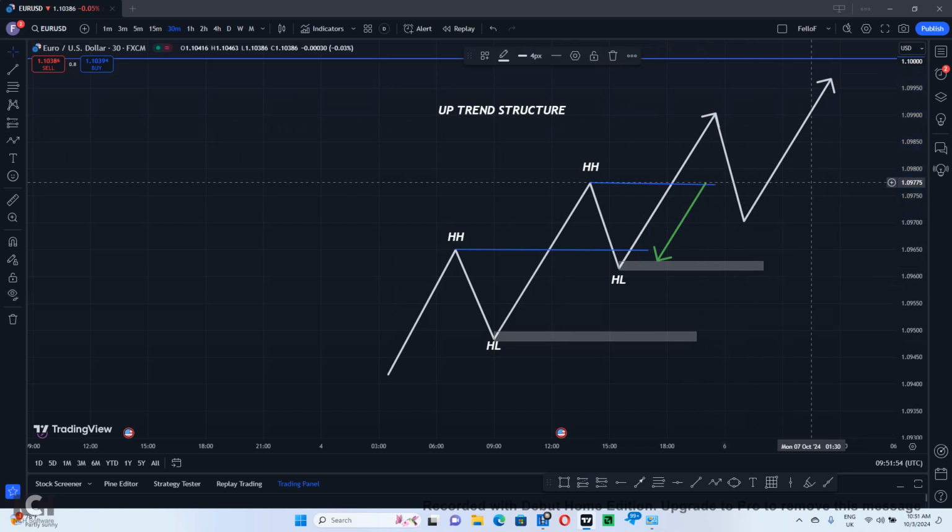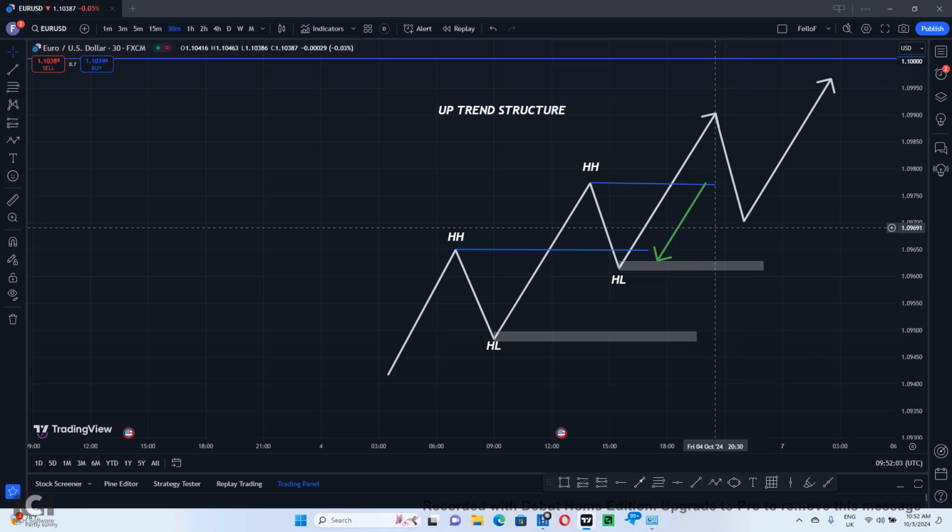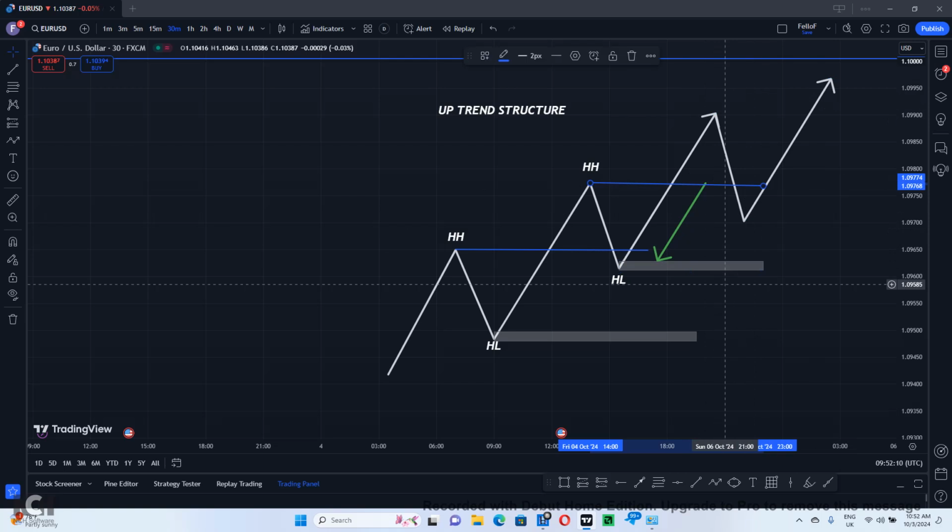Okay, once that is gotten, you look for your confirmation around here, you buy and swing it all the way up. Okay, because what we wanted was for price to take out this line. It took it out and came back into the zone. So as easy as that, and that's how the trend continues.